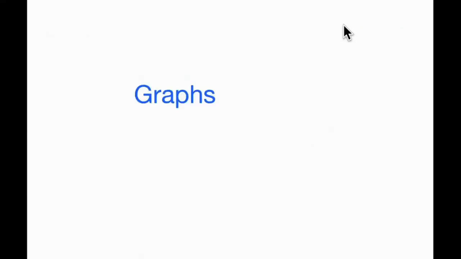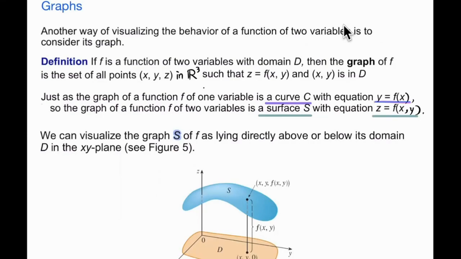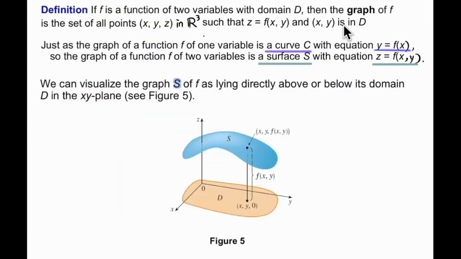Next, we're going to talk about graphs of functions of two variables. Here's a visual picture of a graph of two variables. Let's say the domain of this function is D, this orange shaded area over here on this xy plane. Then what does this function small f do?